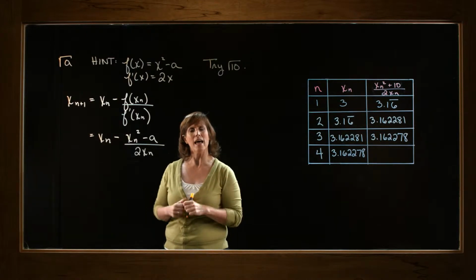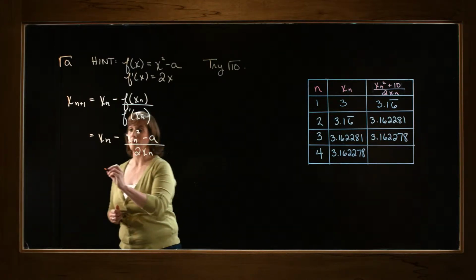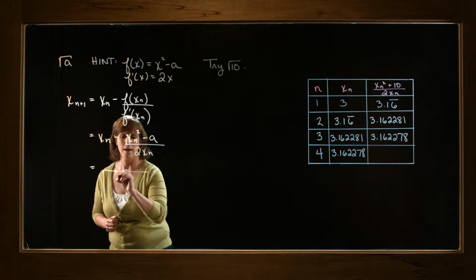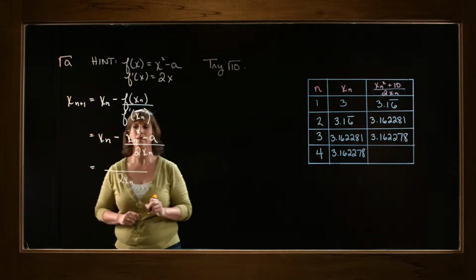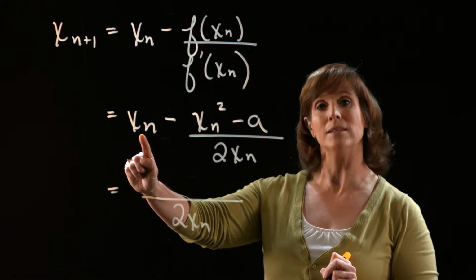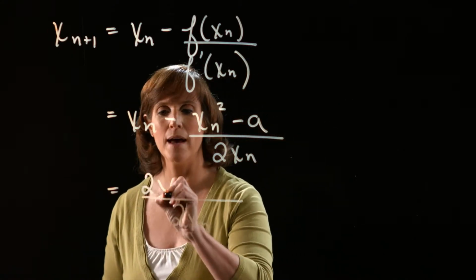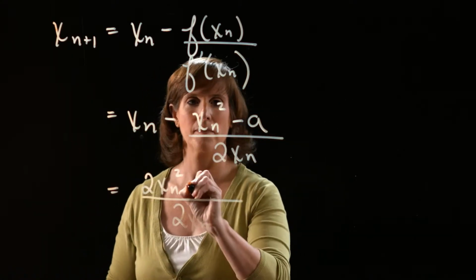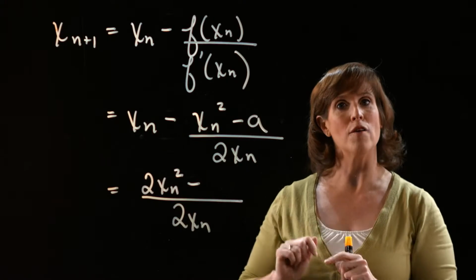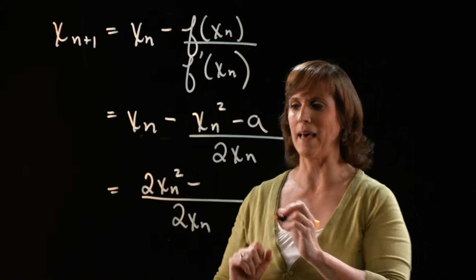All right, I'm going to do a little algebra to clean this up. I'll get a common denominator of 2 times x sub n. In order to put this over my denominator, I'm going to multiply it by 2 times x sub n. So that's going to give me 2x sub n squared. Now this piece is already over my denominator, so I don't need to do anything about that. But I do have to be cautious about that minus sign.